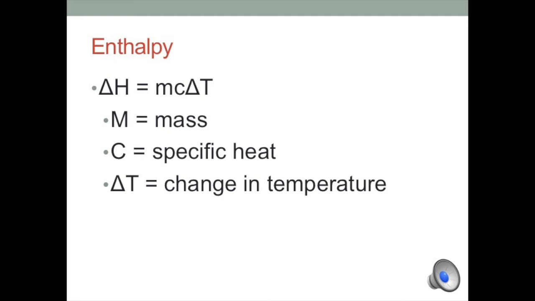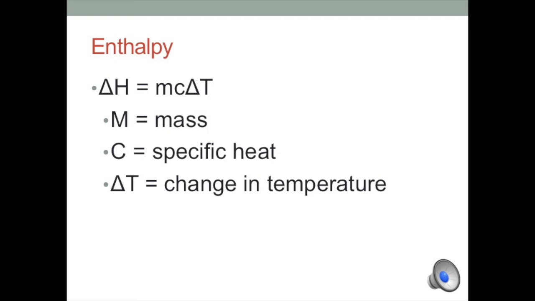And just as a reminder, the specific heat is the amount of heat that's required to raise that substance's temperature by 1 degree at 1 mole of it. So remember, each substance that we have here on Earth has a different specific heat. It takes a different amount of energy to heat two different substances up to the same temperature.